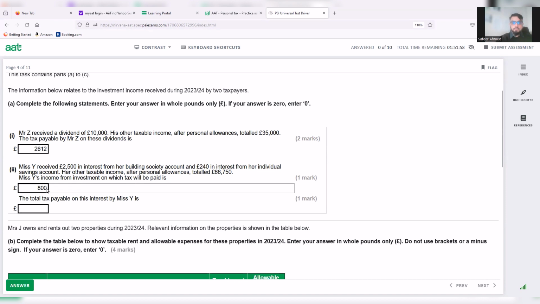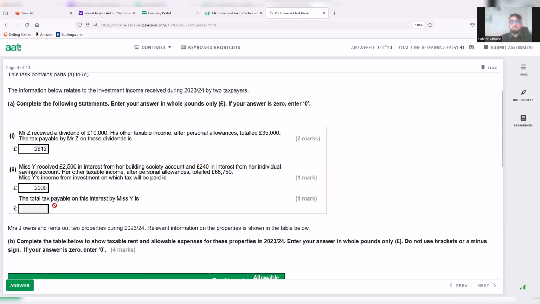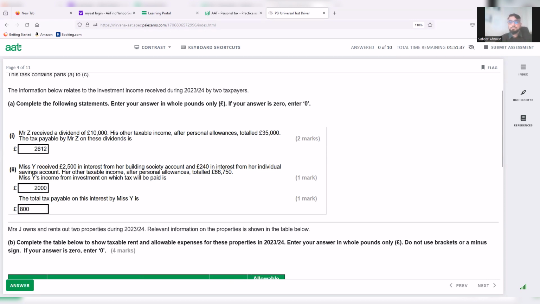But you've got to be careful. I didn't notice that initially as well. They're asking you, Miss Y's income from investment on which tax will be paid is... After the personal savings allowance of 500, it will be just 2,000. And the tax payable on this interest is 800.